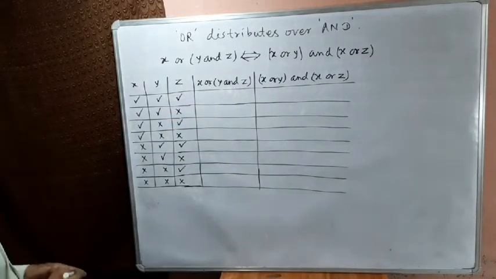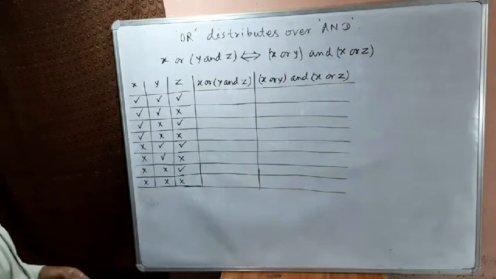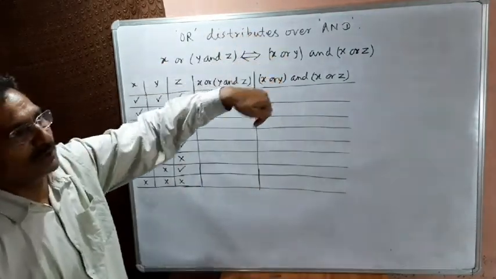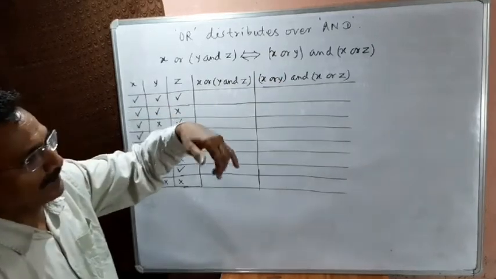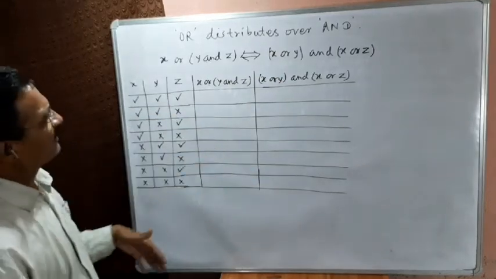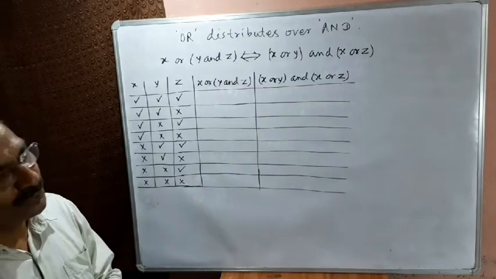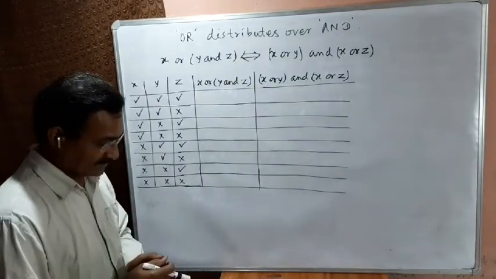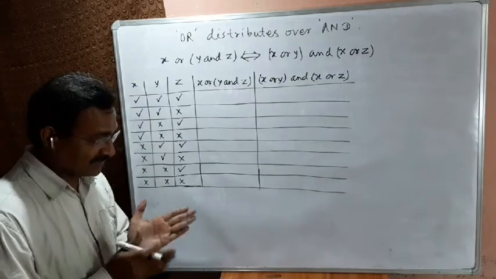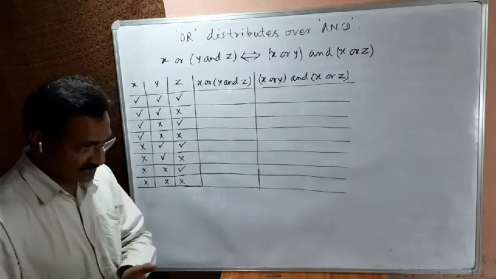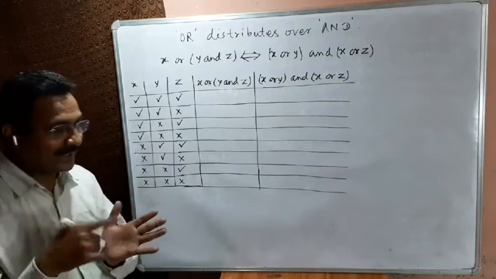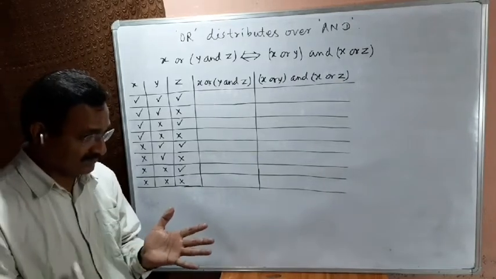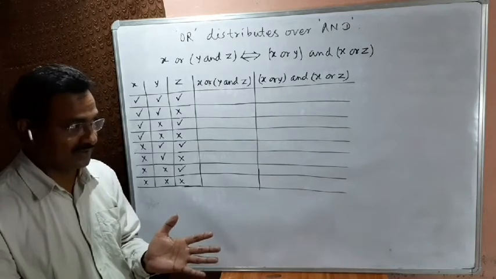Therefore, it would be better for us to understand that the operation of OR distributes over the operation of AND. Although OR and AND are not operations, in any context, if we use OR, the same logic operates. If OR is between these two, it means either this or that. And if AND is between these two, it means this and this also, both simultaneously.